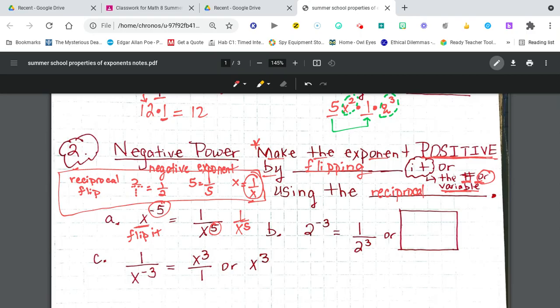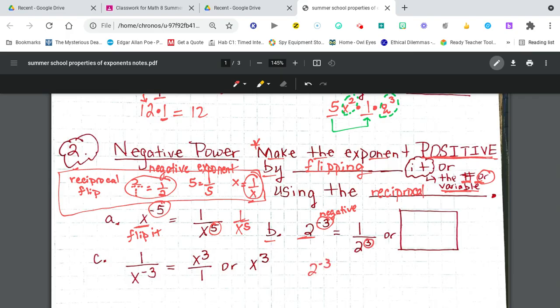If you take a look at B, B says 2 to the negative third power. Again, I have a negative exponent, so I'm going to take my base of 2 and flip it. Flipping 2 gives me 1 over 2. But then I have to take my negative exponent and make it positive.